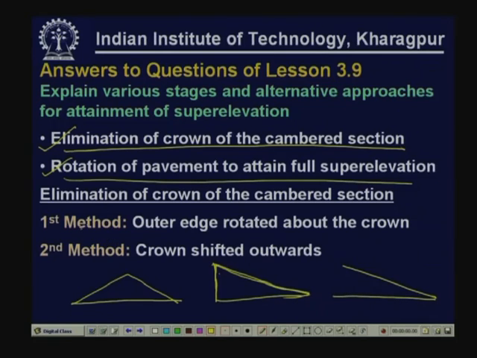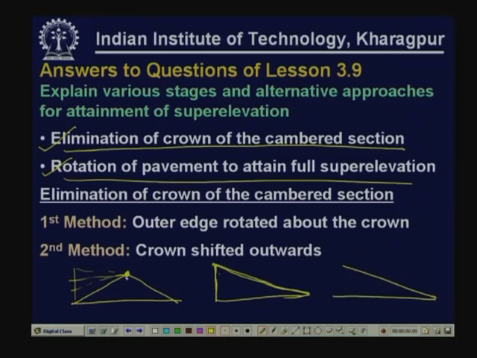Now, the first stage can be done in two alternative approaches. Outer edge is rotated about the crown, keeping this point constant, the outer edge is gradually rotated like this. So, here the disadvantage is cross slope lesser than the required camber. So, there could be a drainage problem for a small portion where the slope is lesser than the camber.